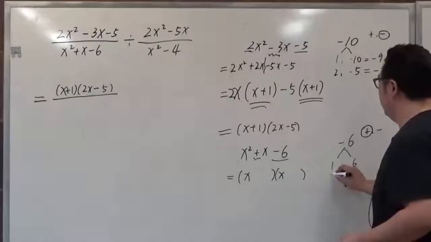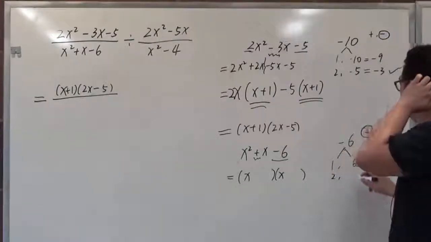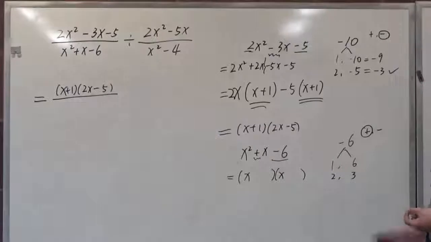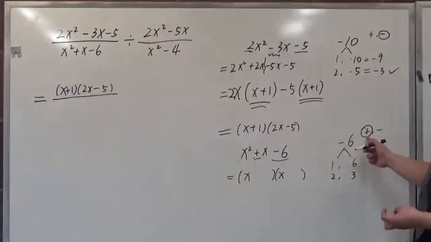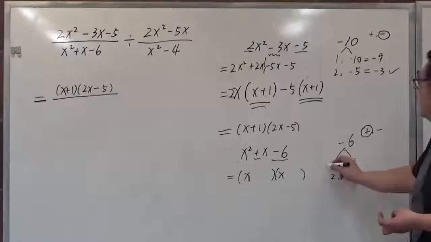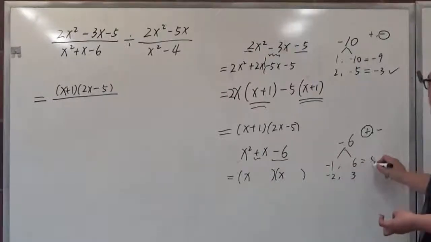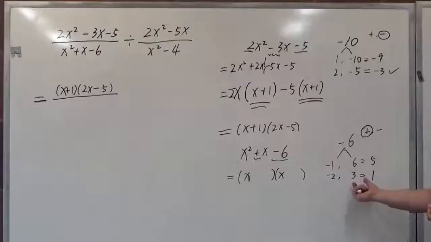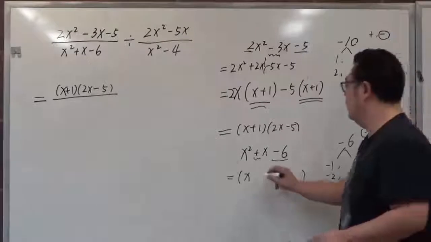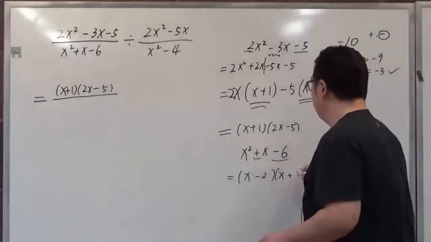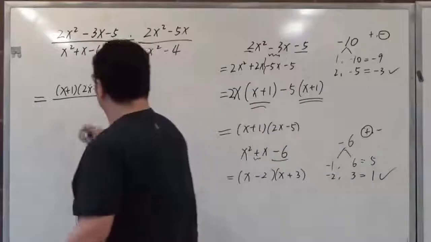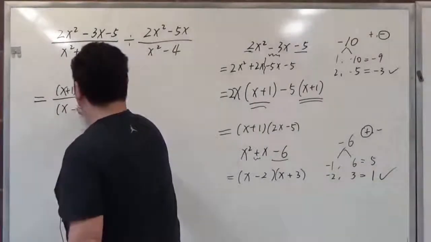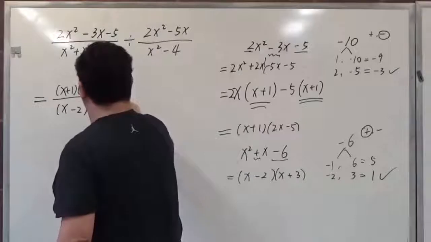Listing out, 1 and 6, 2 and 3 give us the product of 6. We keep the larger number positive and the smaller one negative. Negative 1 and 6 give us plus 5, negative 2 and 3 give us plus 1, which is what we're looking for. So we have negative 2 and positive 3. Therefore, we factor as x minus 2 times x plus 3.